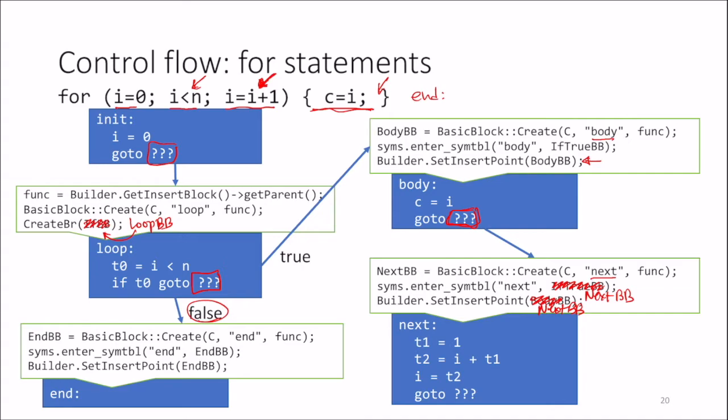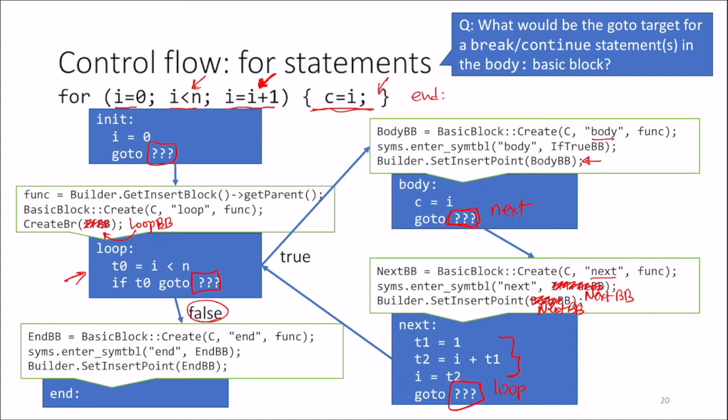We do the increment. So this is doing the I equals I plus 1. Once I'm done with I equals I plus 1, I should go back and check this condition again. So I would go to loop here, and I would go to next over here. And when I'm done doing the post condition, incrementing I, I go back to the loop.